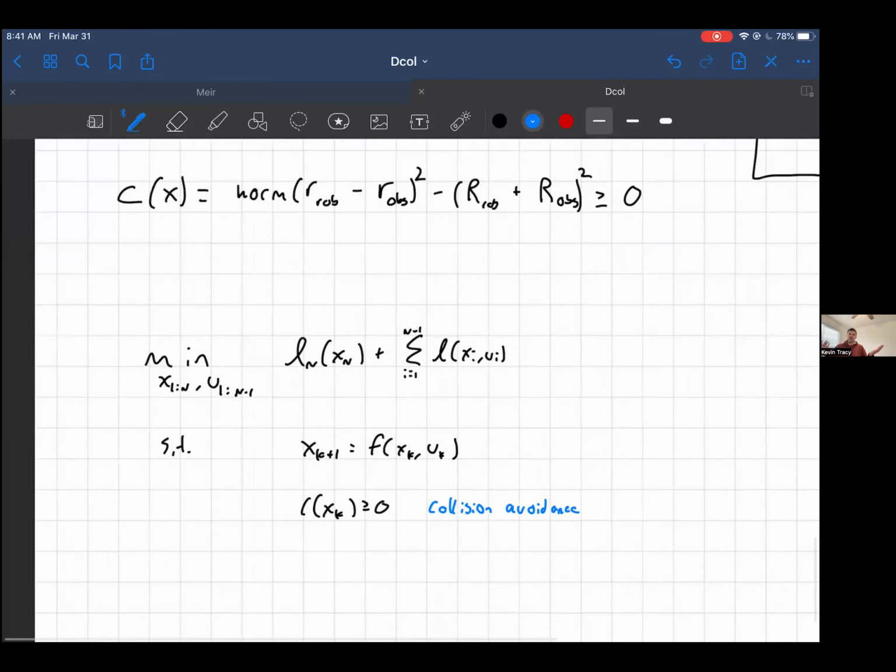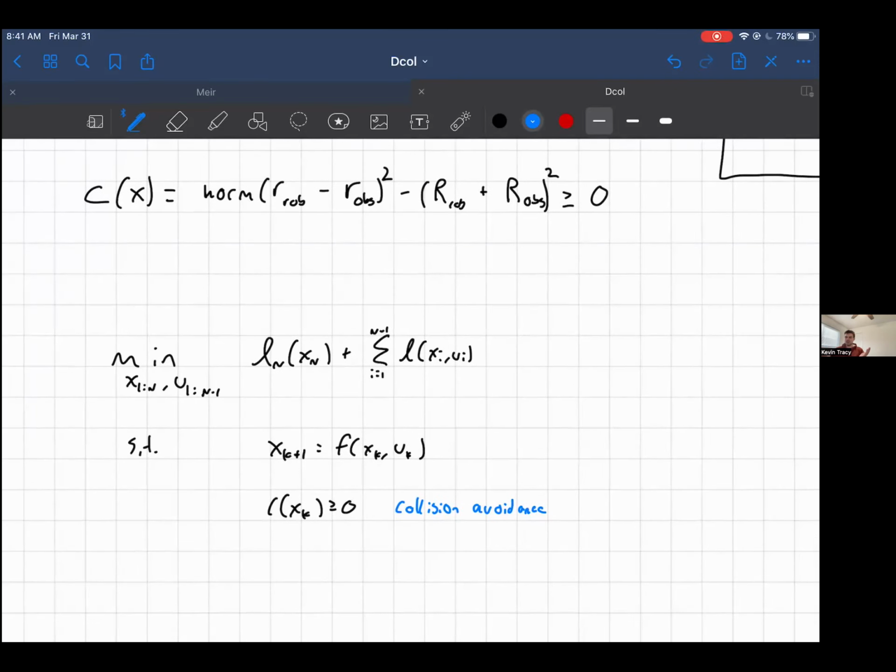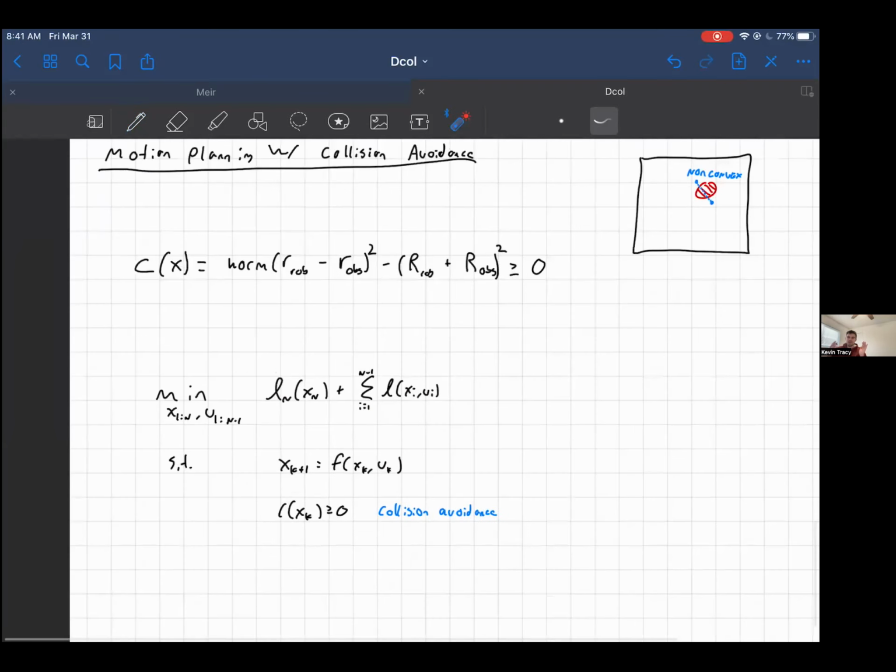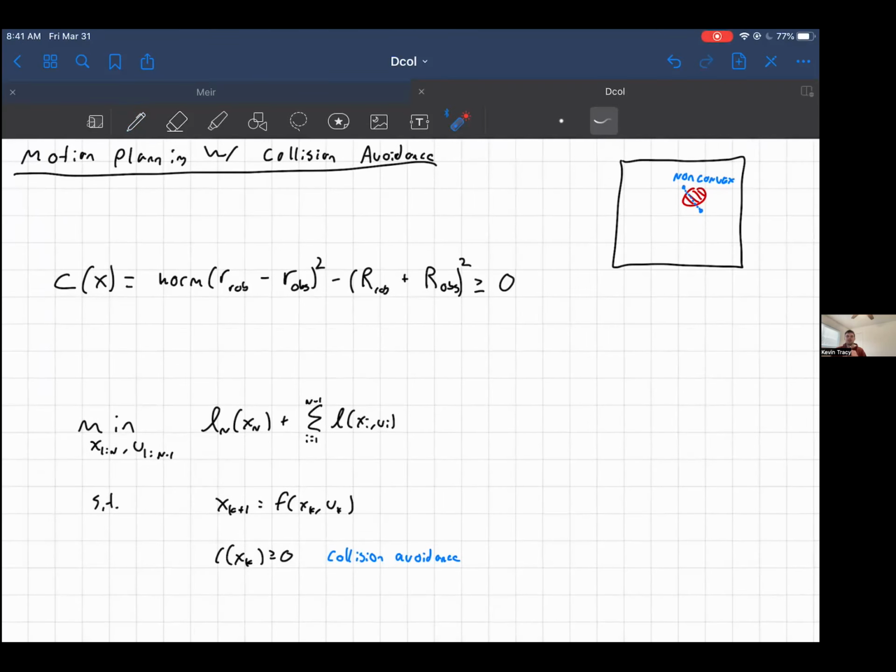Since I'm already doing things in a non-convex way anyways, I can just add this. Remember, as soon as the dynamics are nonlinear, the trajopt problem is non-convex, and we have solvers that can solve this. Using IPOpt, I can just add this as a constraint and IPOpt will try and figure it out. And oftentimes it can. So I'll just add this nonlinear constraint directly into the trajopt problem.